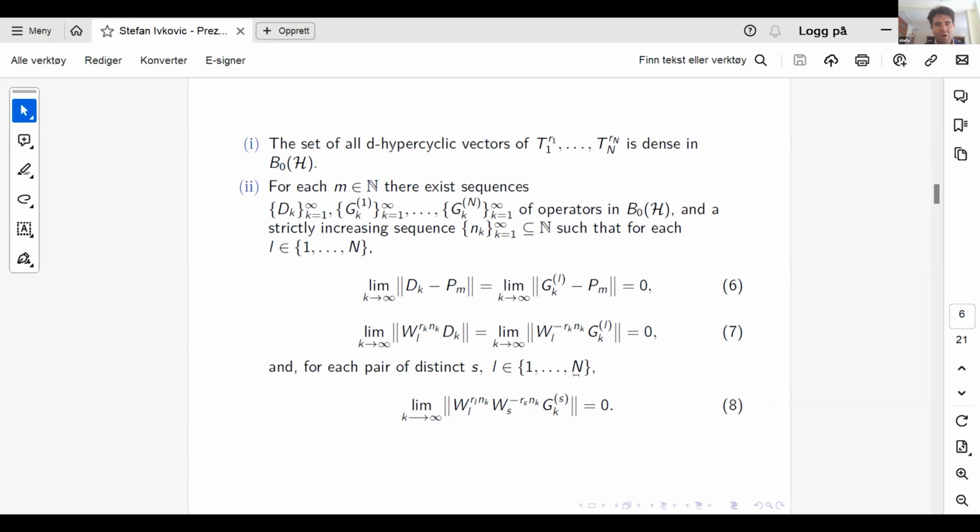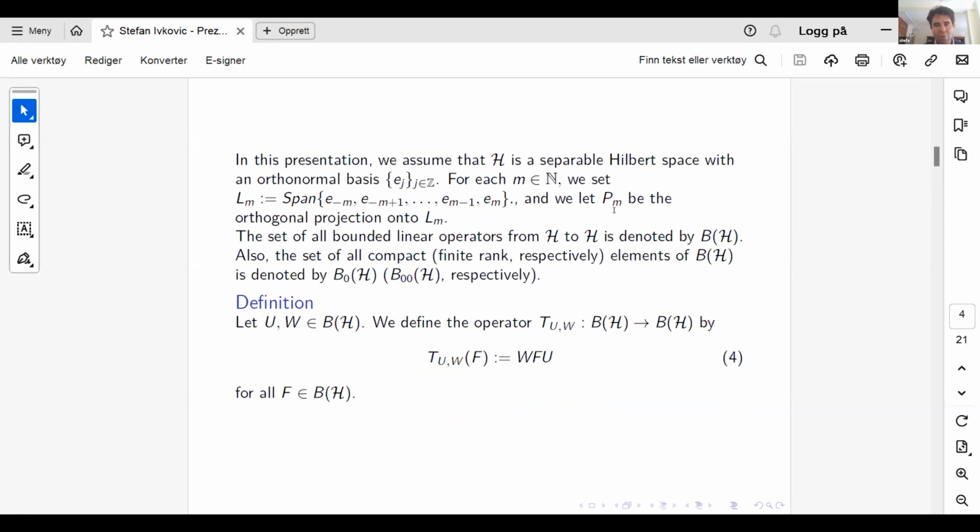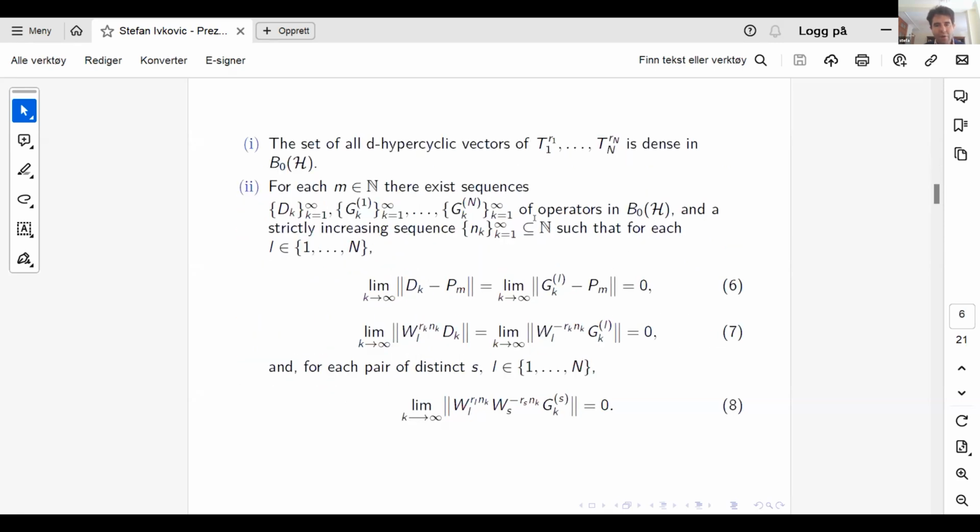And in addition, for each pair of distinct l, s between 1 and n, this limit should hold. So these operators should actually approximate in the norm this P_m. Recall that P_m is the orthogonal projection onto L_m. So these operators should approximate this P_m, but in addition, these limits should hold.